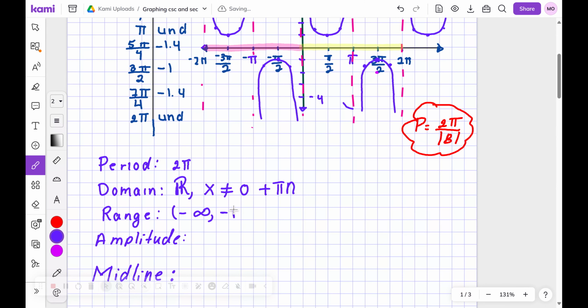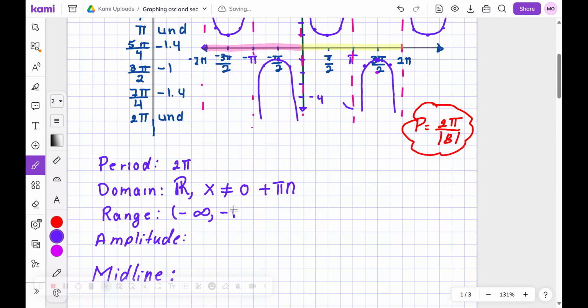So the minimum is at 1. See, you go over here. So over here you have a break from -1 to 1. The next one starts at 1. So bracket, 1, comma, infinity. And that is the range of your cosecant.